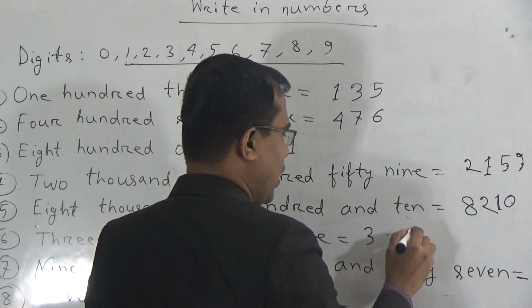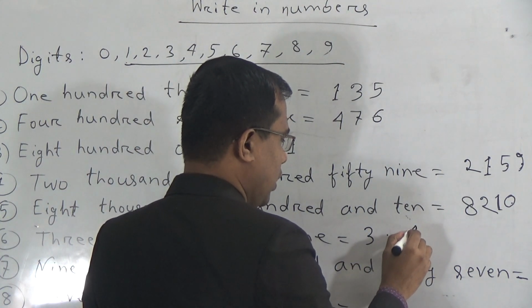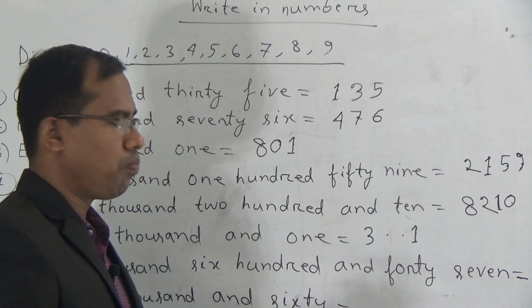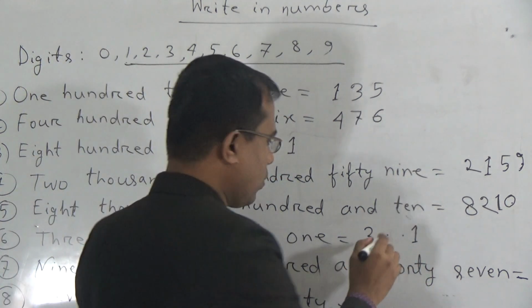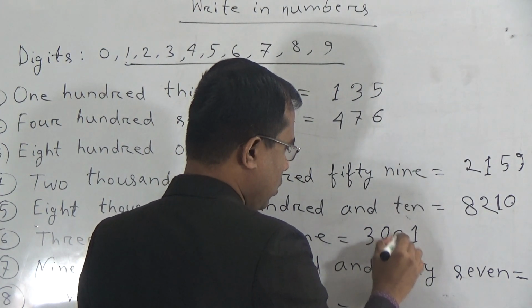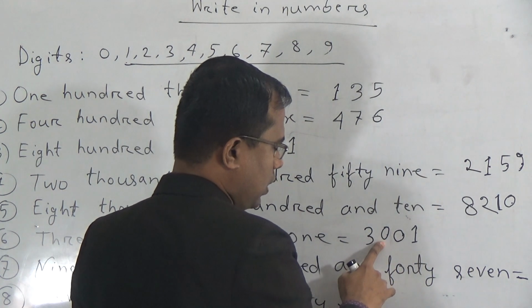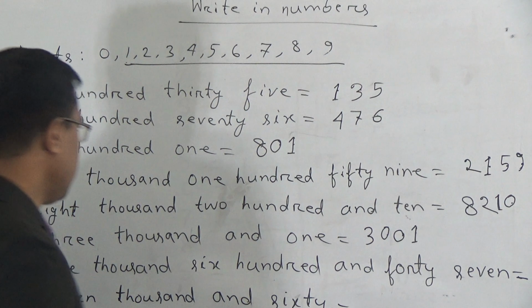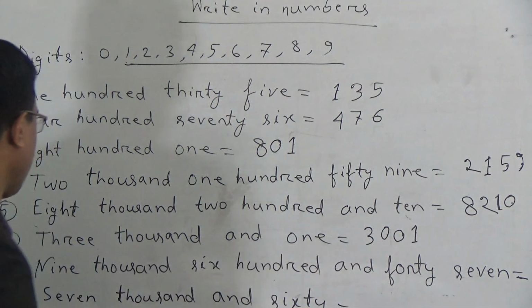That means in ones place we have to write 1. Here tens place and hundreds place are blank, so we have to write 0 in hundreds place and also 0 in tens place. This is 3001.